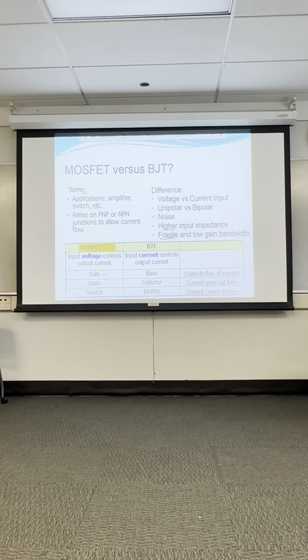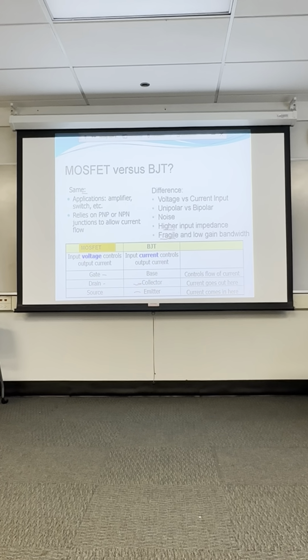And what controls the output current in the BJT? The collector. And then the source, which basically gathers the moving electrons in a MOSFET. In a BJT, the emitter is where the electrons leave. The current comes out of the emitter.